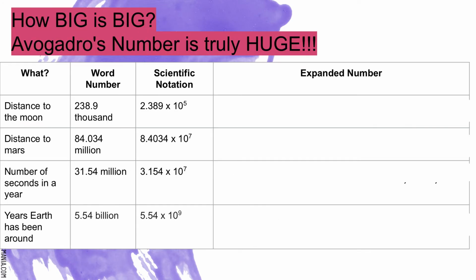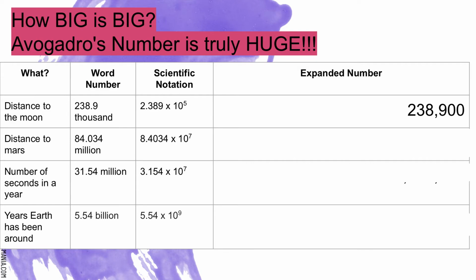So, how big is Avogadro's number? It is so big that it is sometimes incomprehensible to understand how large it is. The distance to the moon is 238.9 thousand miles. In scientific notation, it's that. The expanded number is 238,900 miles.